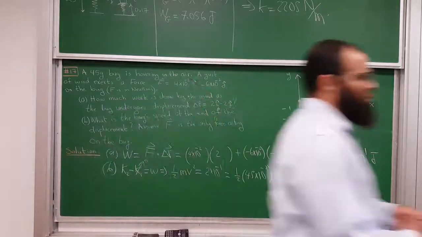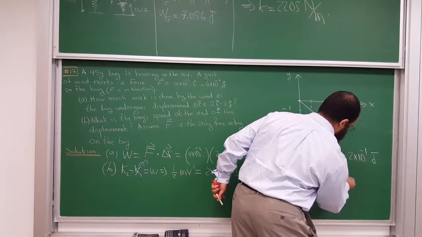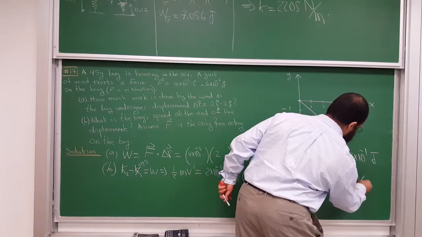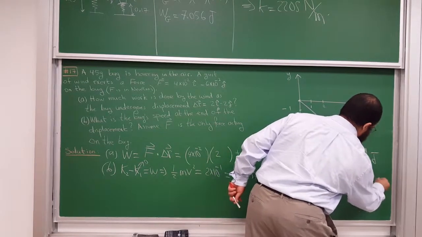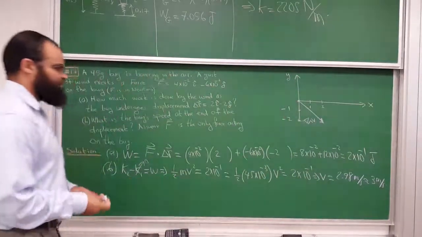Let me just double check my work. Yeah, that is true. So about 2.98 meters per second, approximately 3. That would be the speed of the bug, 3 meters per second.